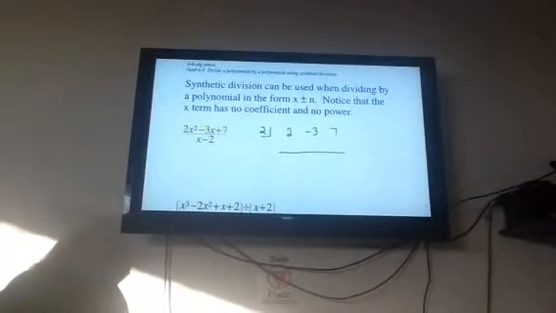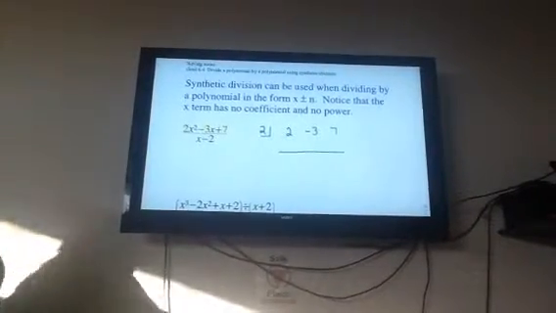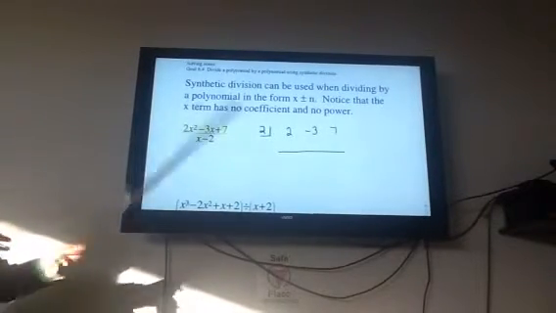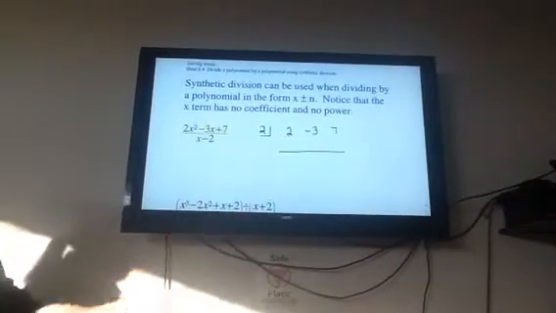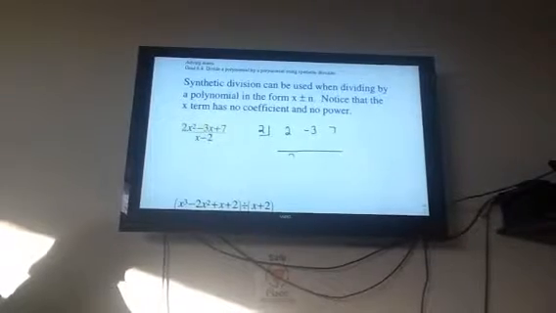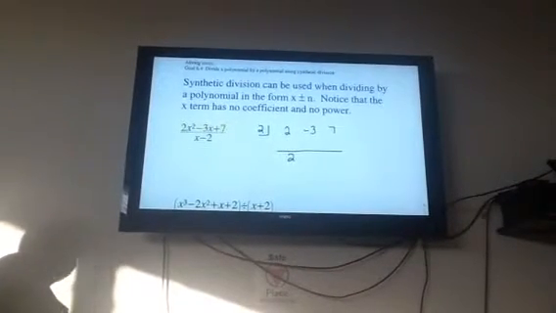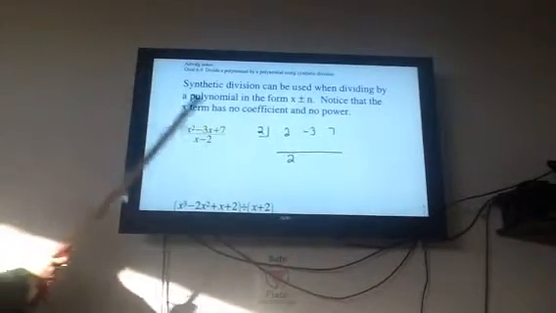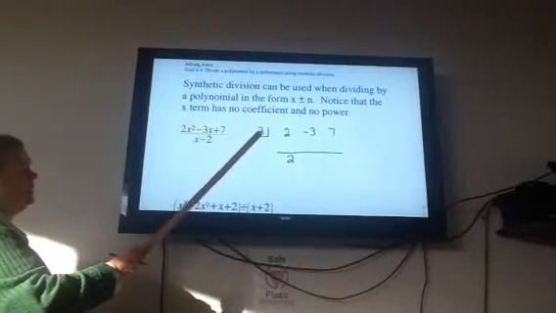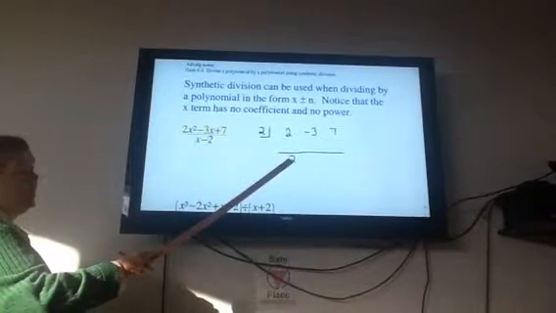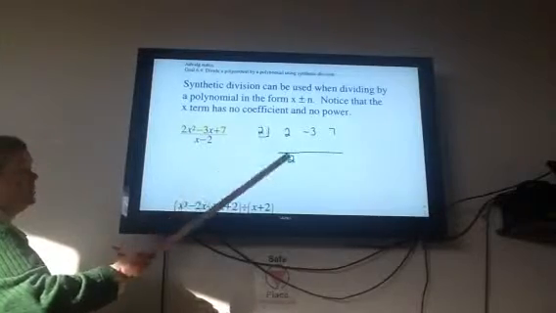Okay. Then the first number, whatever this number is here, comes down below the line. And then we take the number in the box times this number that we just brought down. We multiply them. 2 times 2 is 4.